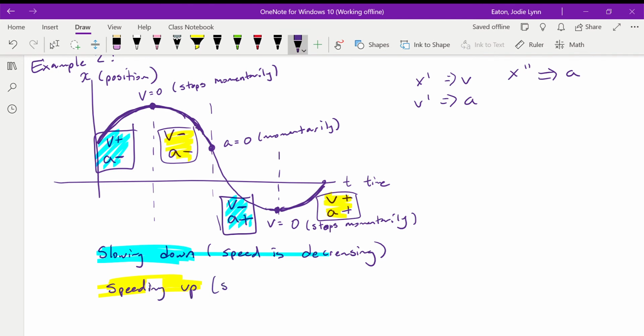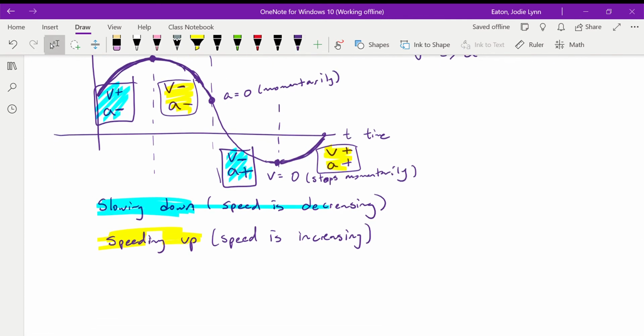So speed is increasing in whichever direction you are going. These are slowing down, speeding up, but we can't confuse that with the velocity changing.